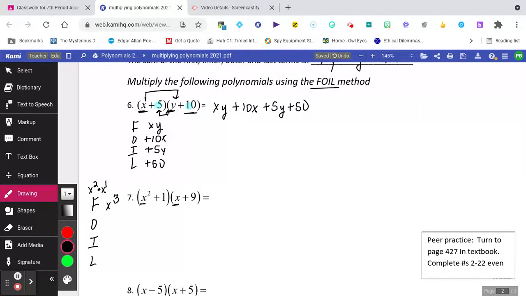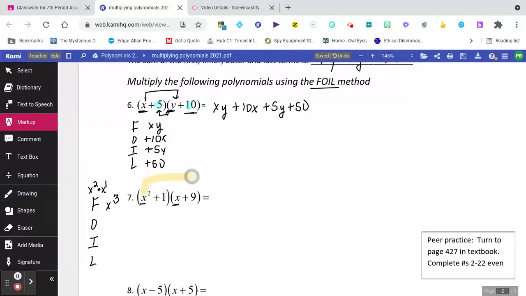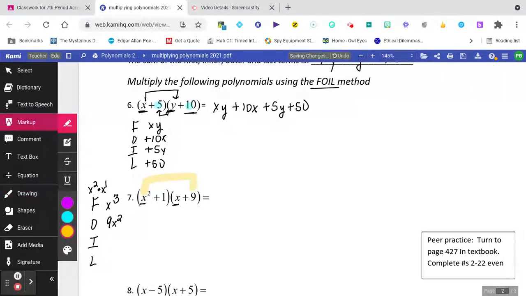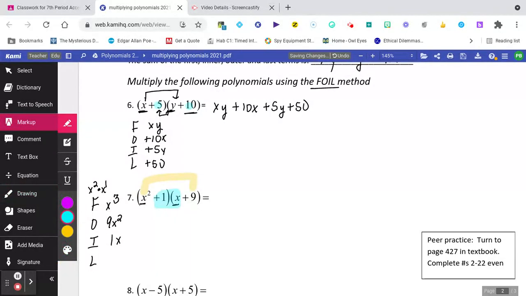Okay, I'm going to go ahead and take care of my outer. What's outside? What's on the outer edges? On the outer edges, I have x squared and 9. That product is positive 9x squared. What's on the inside? What's on the innermost parts? That's 1 and x, which is positive 1x. And what's last in each set?